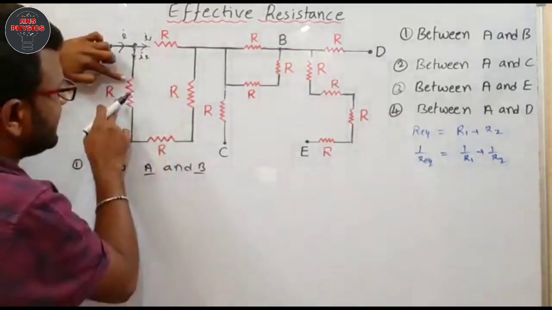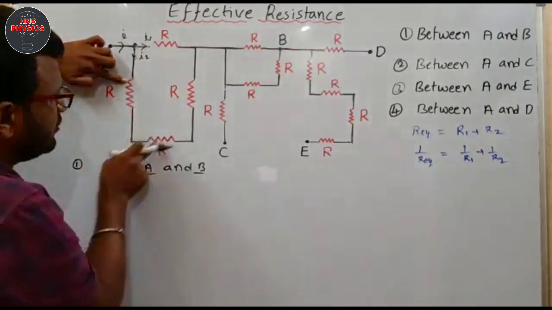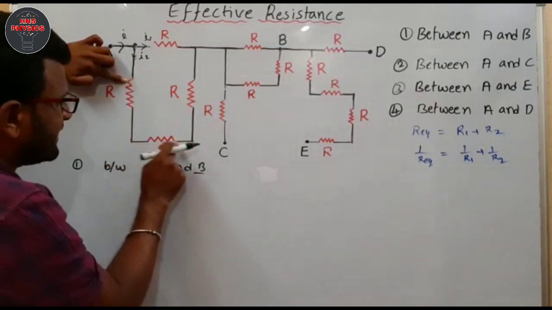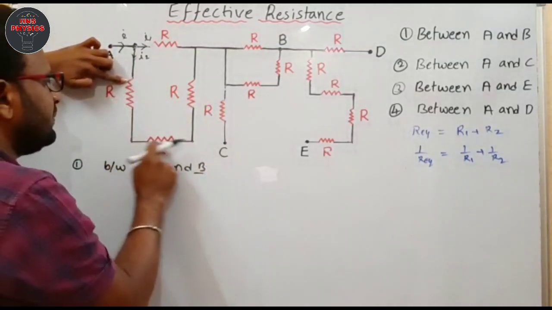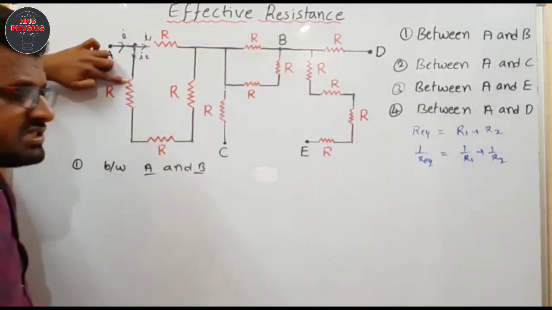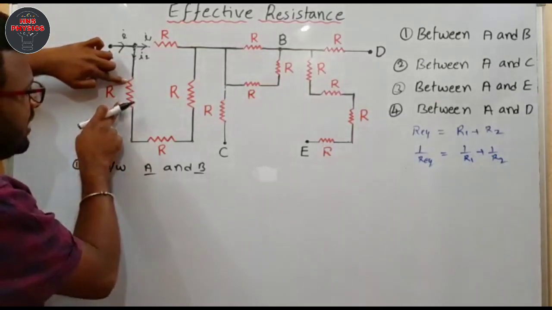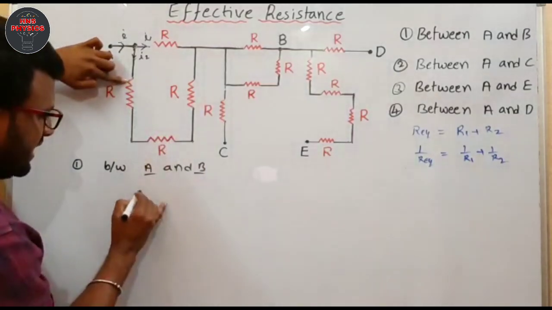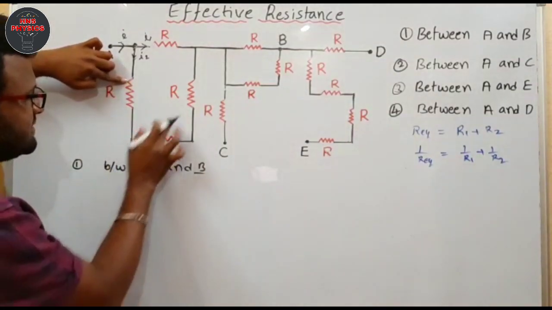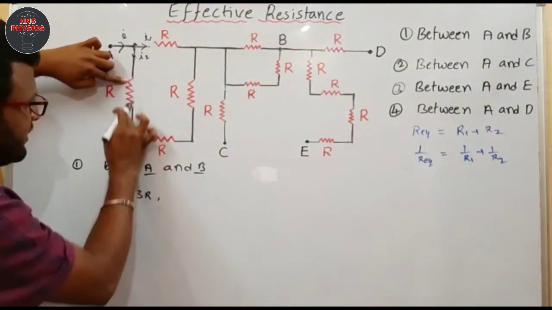If you observe these three resistors, 1, 2, 3, they are connected in a single path, which is nothing but a series combination. The series combination effective resistance is R plus R plus R, total 3R.